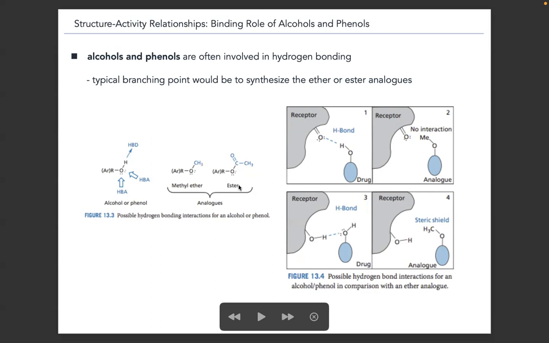Now, the thing you want to keep in mind when you make that modification is that now you have two positions, the oxygen, or actually both of the oxygens in the ester, that can contribute to accepting in the hydrogen bond interaction. So you see some nice examples here where you have the hydrogen bond in panel 1, and then you take that away by heading over to number 2.